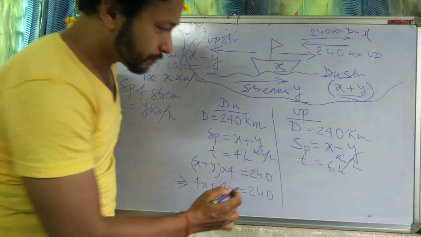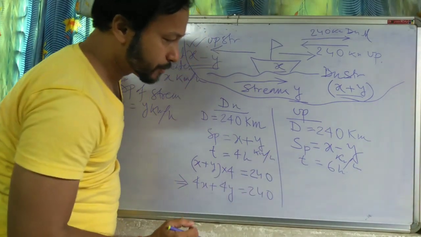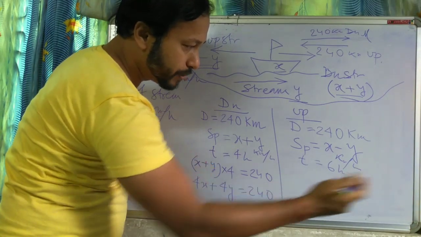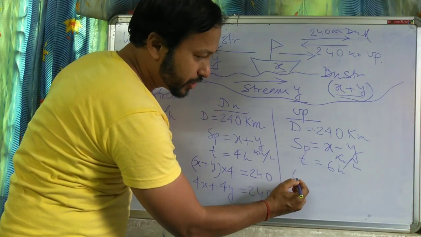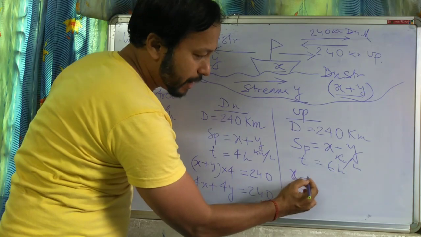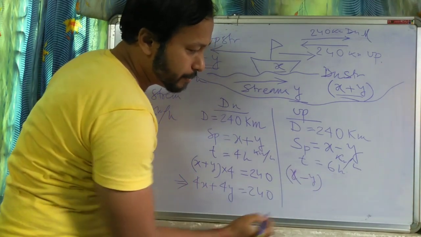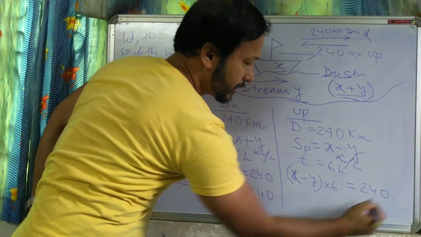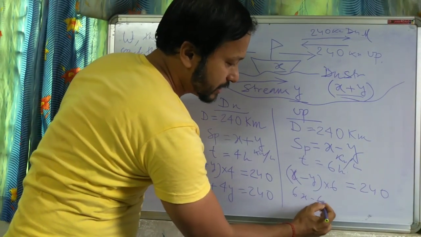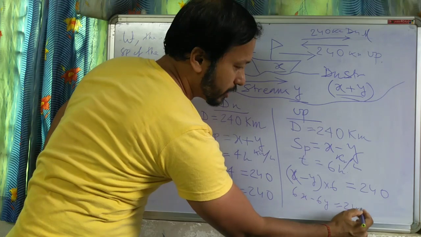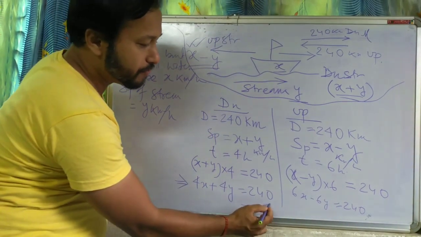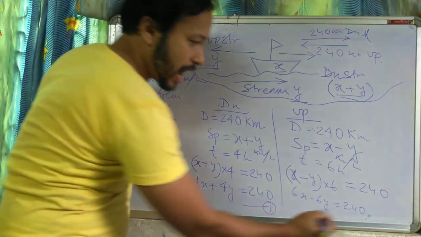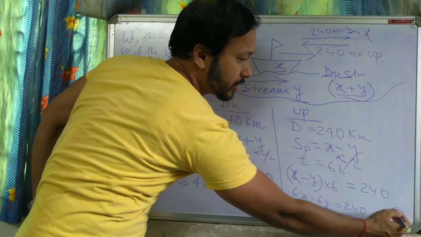Now in upstream, again distance equals speed into time. Speed is x minus y, time is 6, equals 240. So 6x minus 6y equals 240. So this is my first equation and this is my second equation.